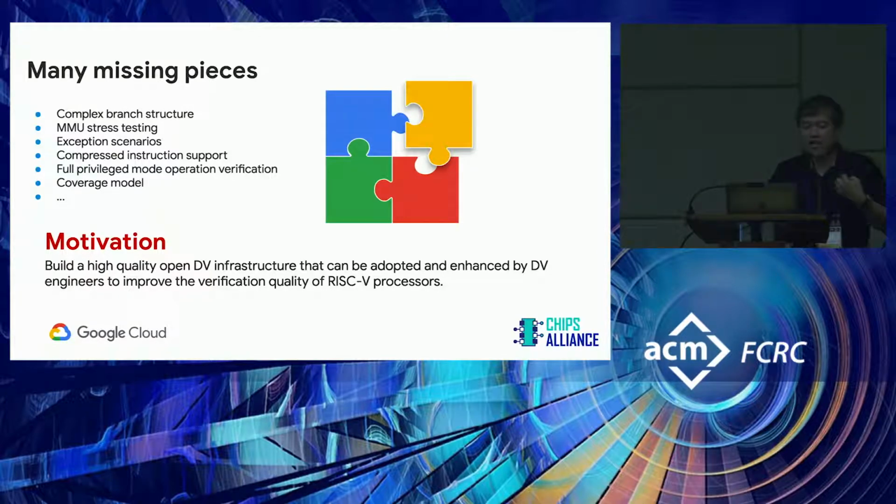And so we really identified a lot of missing pieces in what was available, including stress testing of branches, branch prediction, memory management, exception scenarios, and so on, right? And that gave us the motivation to build a very high quality DV infrastructure that we could then open source to the rest of the community. And that's what we did, right?